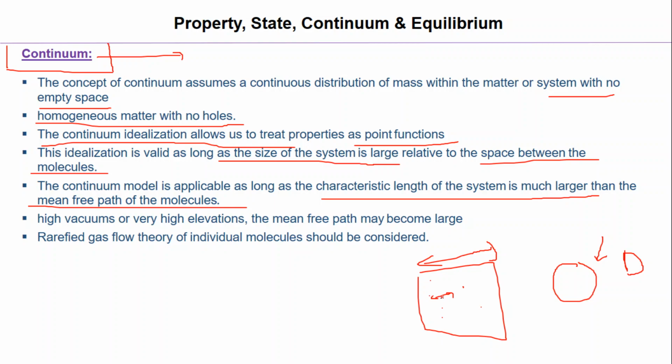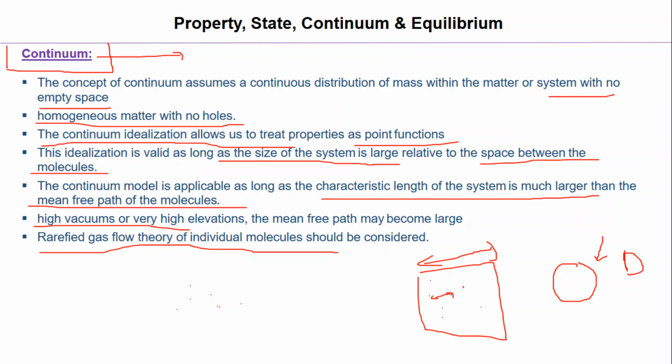In some cases these dimensions become quite significant, like when we are discussing rarefied gas flow theory, which is not part of our syllabus, so we'll not go into detail. Again, this is also not part of it, but when we are at high altitude, like 100 kilometers, there is very low pressure, and pressure is always created by the molecules. So if there are fewer molecules, their mean free path will be quite big.